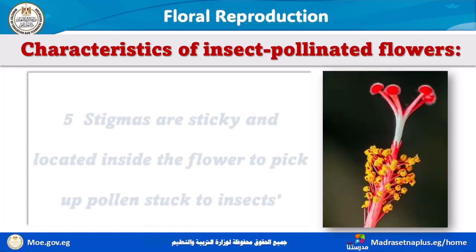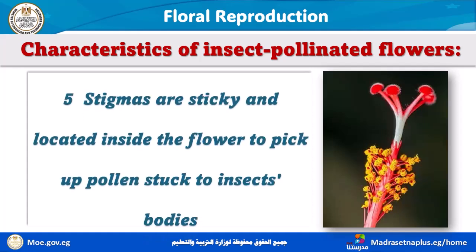Another character of the insect-pollinated flower, the stigmas are sticky and located inside the flower to pick up pollen stuck to insects' bodies.